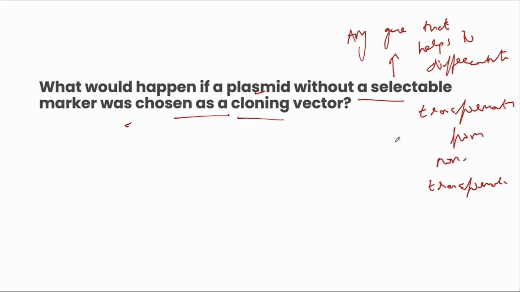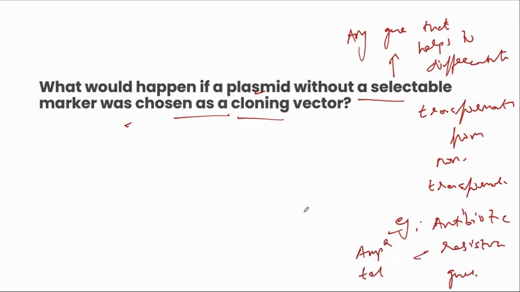That was the role of the selectable marker. The most common example that we learned was antibiotic resistance genes, such as ampicillin resistance, tetracycline resistance, and kanamycin resistance. So this was the role of the selectable marker.